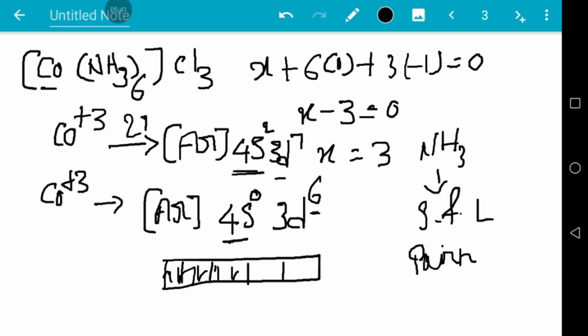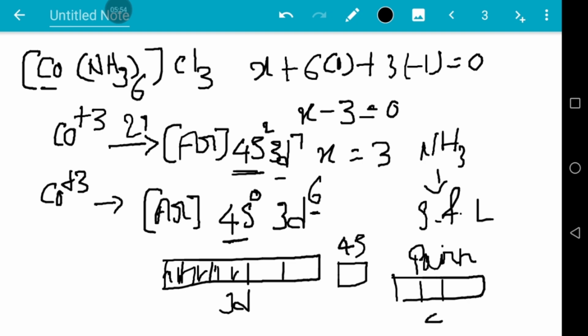After that, which is empty? The 4s orbital is also empty. This is the 4s orbital. These are the 3d orbitals. After that, 4p is also empty. This is the 4p orbital. Now here the coordination number is 6, so we need totally 6 vacant orbitals.